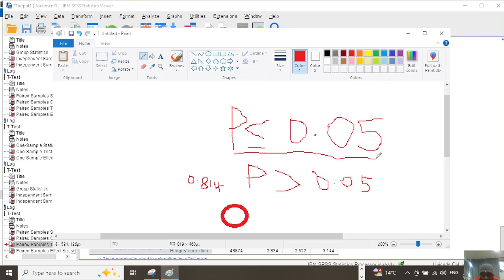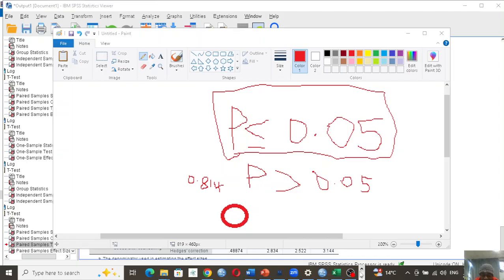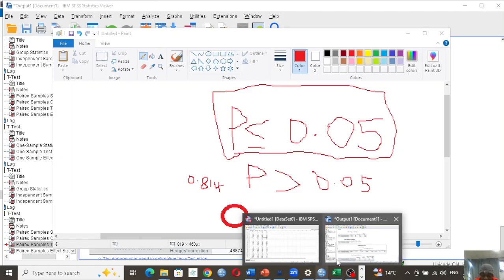That means we go by this one. When we go by this one, it means it is statistically significant. If we go by the second one, it is not statistically significant. So when it is statistically significant, what do we say?